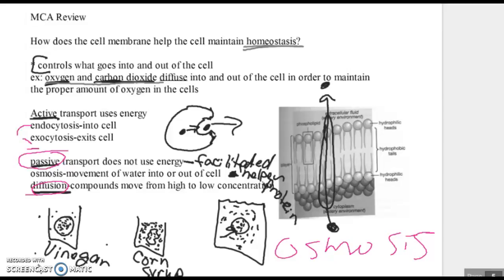We put an egg in corn syrup. The egg actually got smaller because the solute level was higher in the corn syrup than it was inside of the egg. If we found the perfect solution, which we would say is isotonic, it would mean the concentration of solutes would be equal on both sides of the membrane. So that would be an isotonic solution.